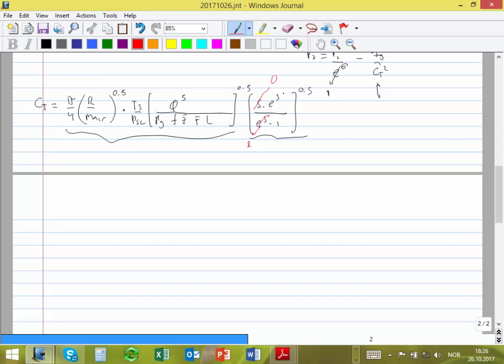Limits. But for limits we use a special technique. You remember L'Hôpital? A French guy. So we use limits first. I want to know the limit of this expression, s e to the s minus 1, to the 0.5, when s goes to 0. I cannot do it directly, because it is 0 over 0, so I get problems.